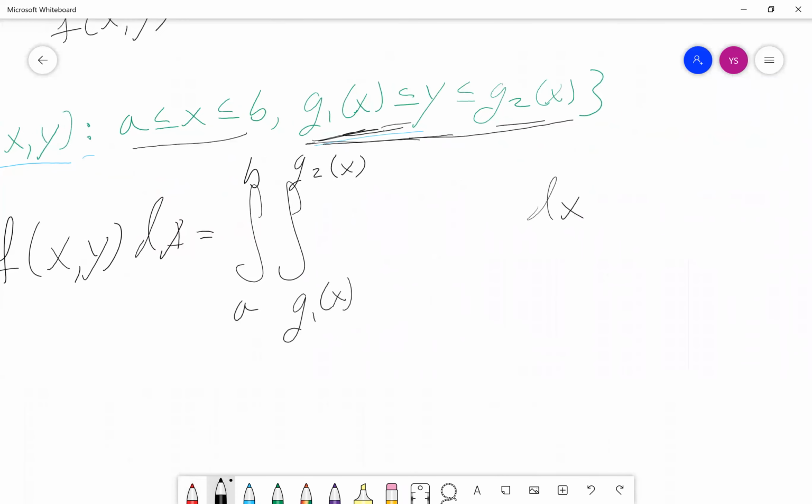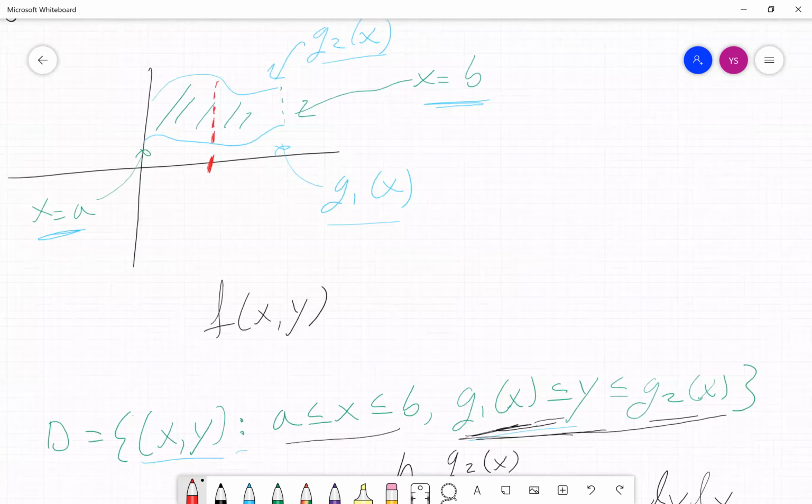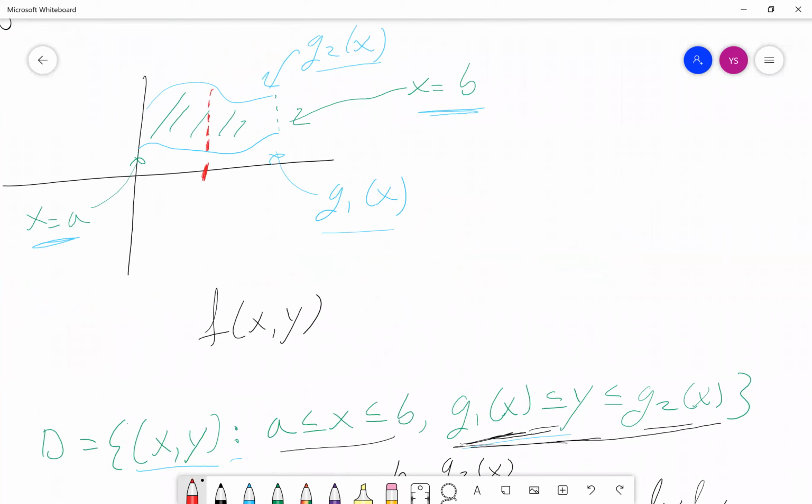So over here are your delta y's, and here's your function f of x, y, right? You add up your delta y's first for some fixed x, and that gives you the area of this region. You have this line, and then you get this vertical direction, some height with respect to your f, and that gives you some area.